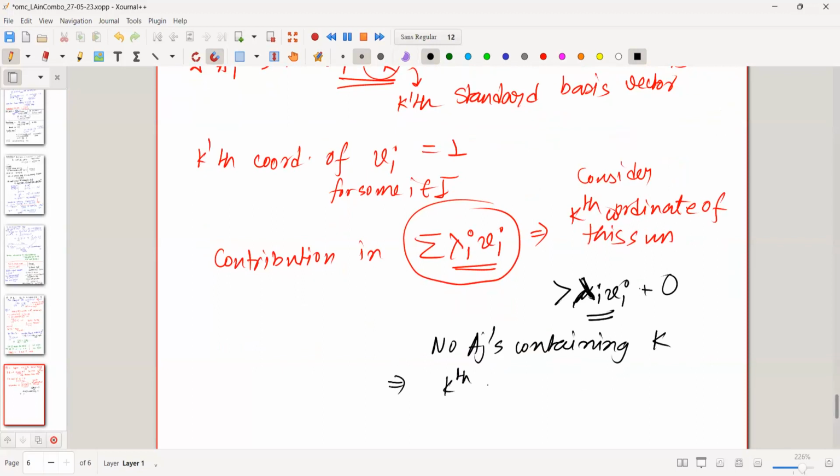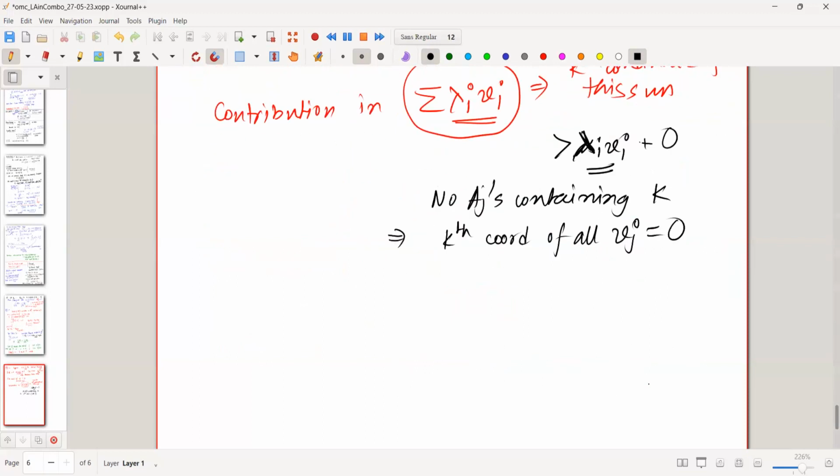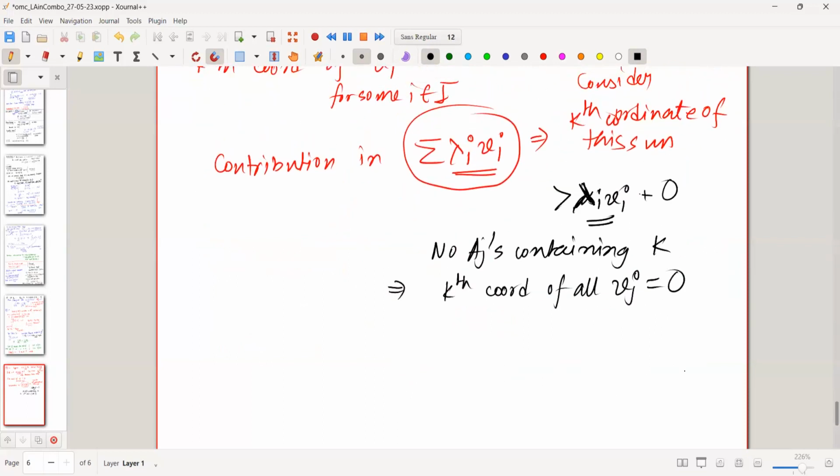So the kth coordinate of all the Aj's is 0, which means there is basically no negative contribution to the sum lambda i Vi in the kth coordinate. So the kth coordinate is always at least lambda i Vi. In particular, it can never be 0.